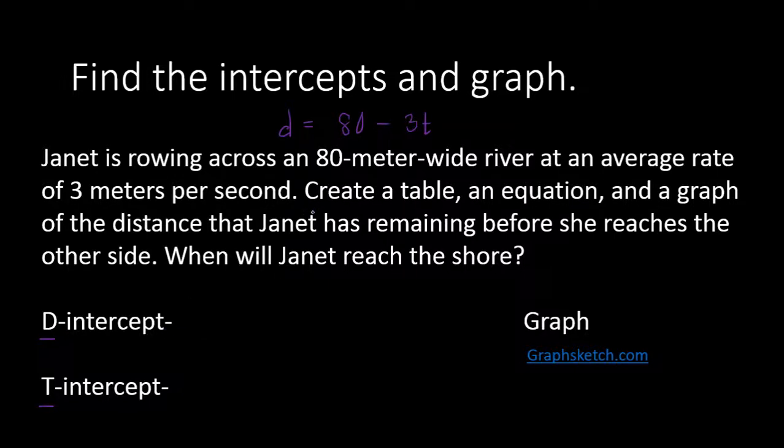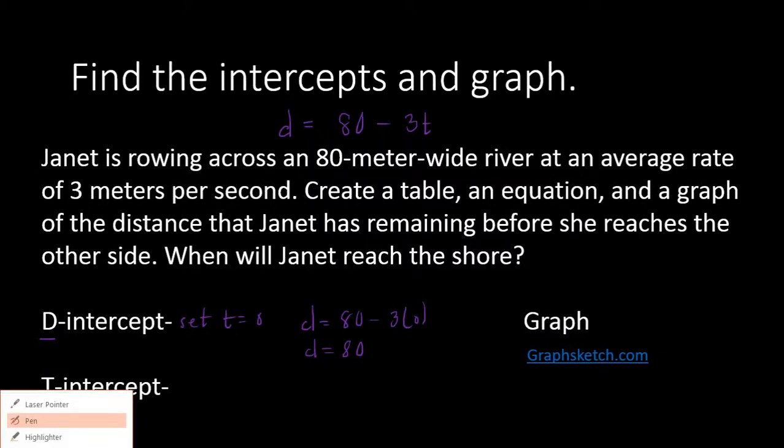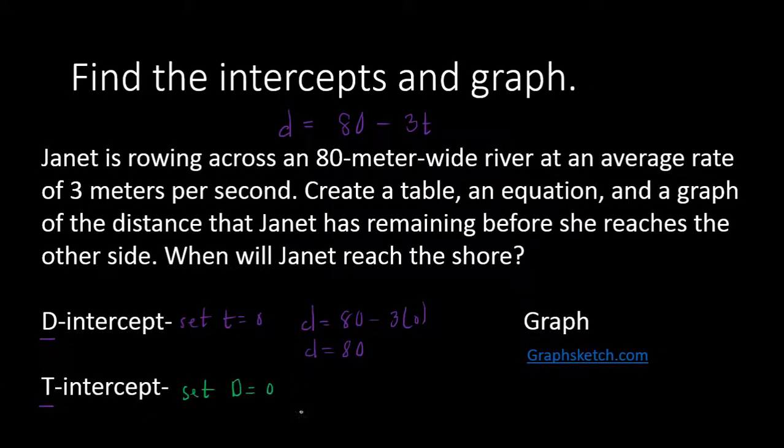So my d-intercept I find by setting t equal to 0. And I say, okay, d equals 80 minus 3 times 0. So d just equals 80. My t-intercept would be when I set d equal to 0.